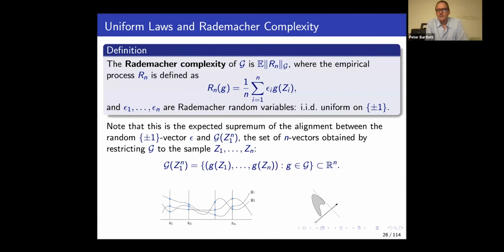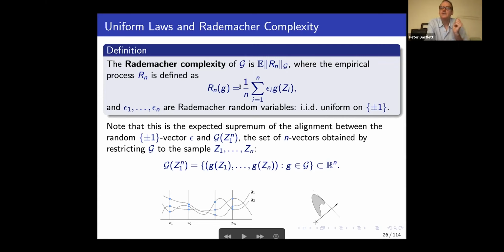So what is the Rademacher complexity? It's an expectation of a norm of another empirical process. This one is the process that, you give me a function g and I'll give you a random variable, right? So it's indexed by the function class again.